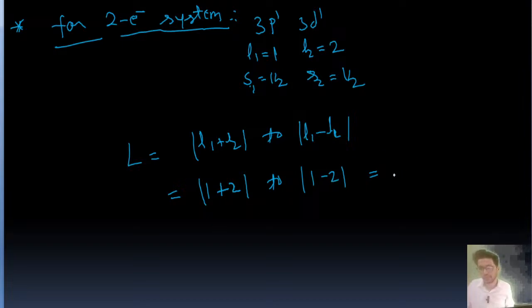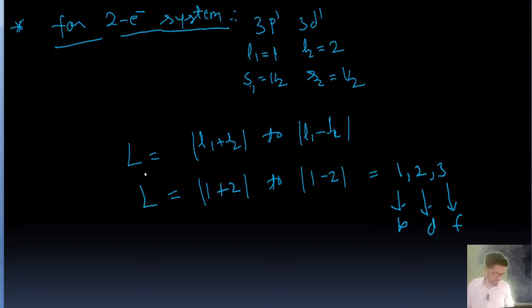So this value is going to be 1, 2 and 3. These are the values. And 1 means P, 2 means D and 3 means F.